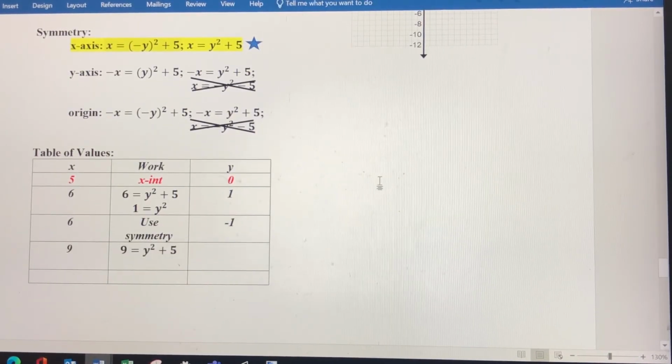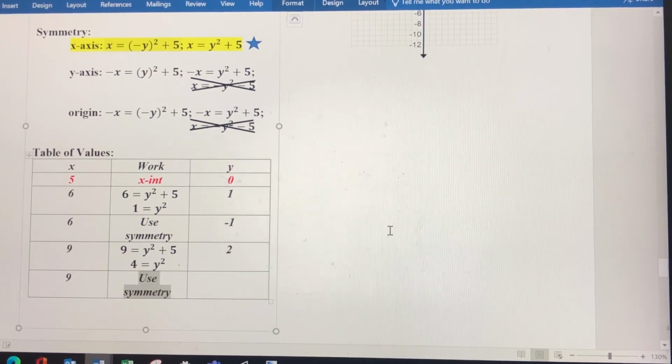When I plug in 9 and get y squared by itself, I get a perfect square, 4, on the other side. So I'm going to get integer coordinates for y. The square root of 4 is positive 2, and then we can use the concept of symmetry to understand that there's also going to be a point at 9, negative 2.